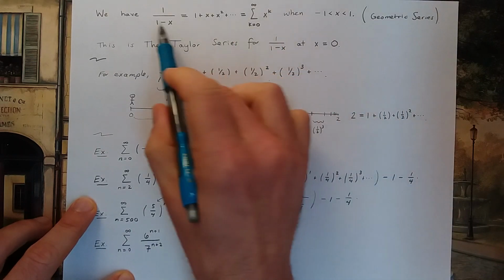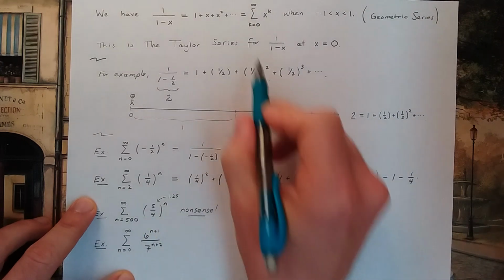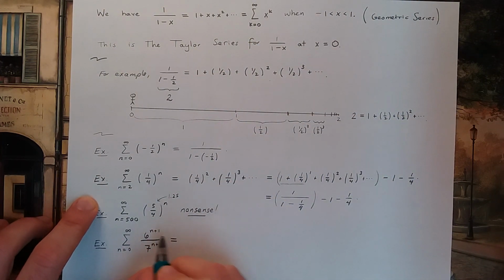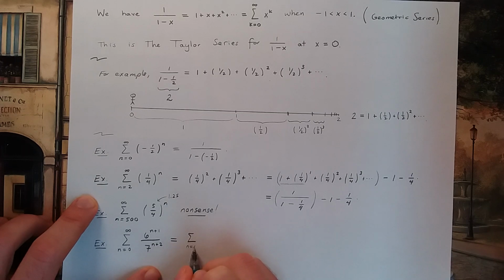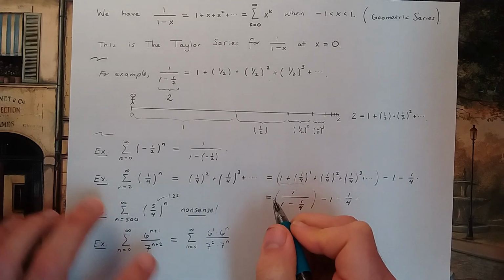Well, I'd like to use my geometric series idea, but it doesn't look exactly like I need it to yet, so I'll fix it a little bit. I'll factor out a 6 and a 7 as 7 squared. So watch this. I can write this as 6 to the first times 6 to the n over 7 squared times 7 to the n using properties of exponents.